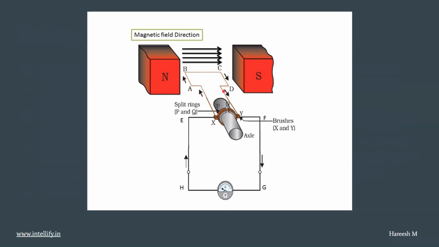Instead of going like this, it will go like this. Once the current flows like this, again due to the magnetic field, it will rotate the other half. So a complete rotation of the axle takes place because of the complete rotation of the coil. This keeps on going as long as there is current in the coil. And that is how we convert electrical energy into mechanical energy.